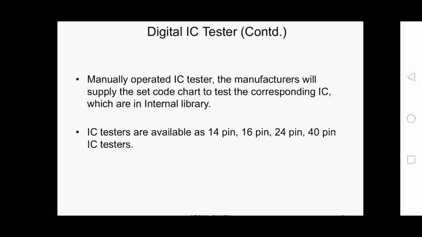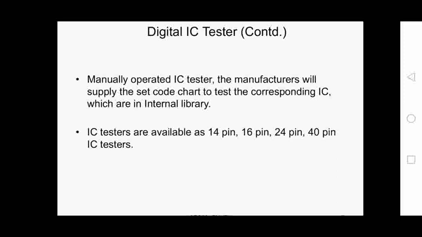Every IC package will not be of the same size. An IC may contain either 8 pins or 4 pins or 16 pins or 32 pins. Some big ICs may have 64 to 128 pins.